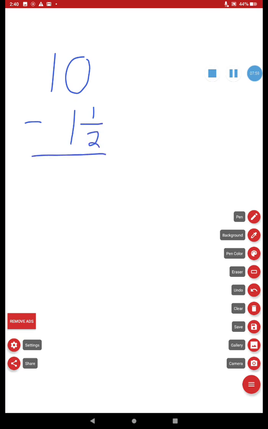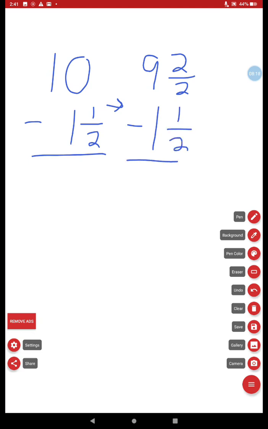Well, I need to regroup. 10, if I'm borrowing from the 10, becomes 9 and 2/2. 9 and 2/2 equals 10. Subtract 1 and 1/2. You see, now that I've regrouped, I can subtract. 2/2 subtract 1/2 is 1/2. 9 subtract 1 is 8.